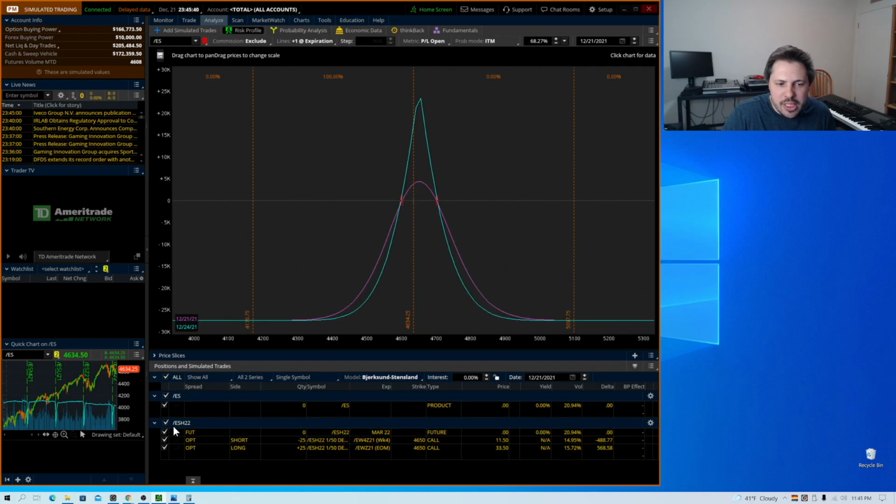So I put this calendar spread on my simulated trading, and I did 25 of these, right? So the risk on this trade was $27,500, right?